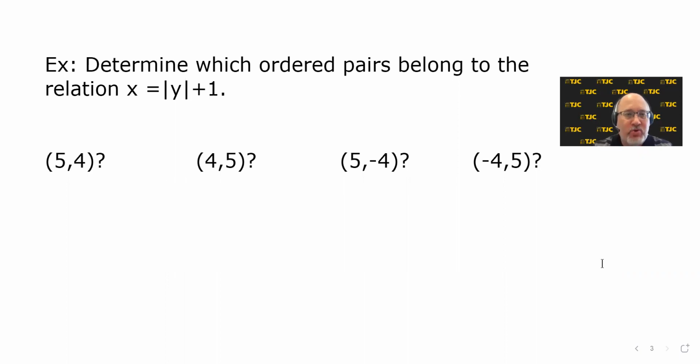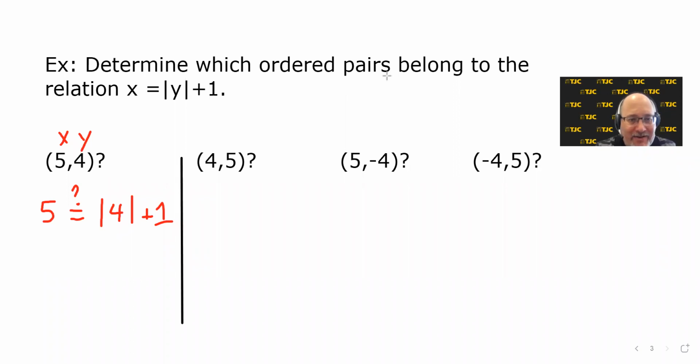And we're going to test all 4 of these ordered pairs to see if they belong to the relation, and the answer will be yes or no by simply substituting the values into the equation and seeing if it makes the equation true.